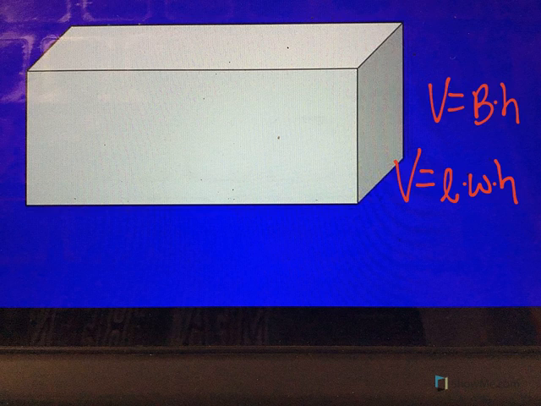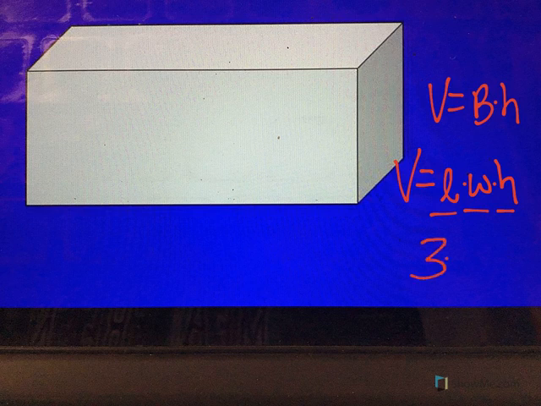On a rectangular prism, does it matter which rectangle is on the bottom? No, because they're all rectangles, and regardless of whatever rectangle's on the bottom, if I find the volume and multiply three numbers, it doesn't matter what order I multiply the numbers. That's called the commutative property of multiplication.